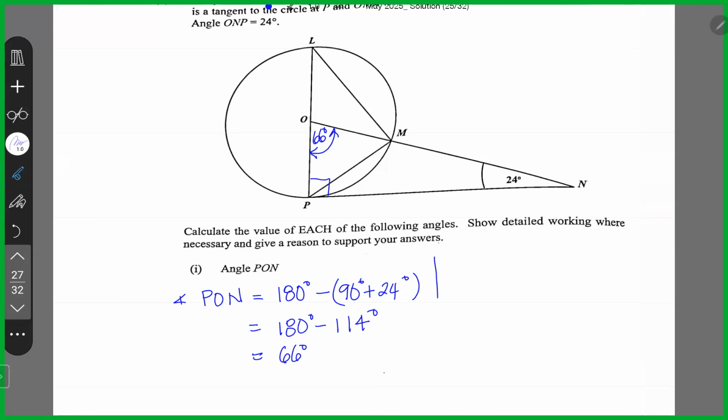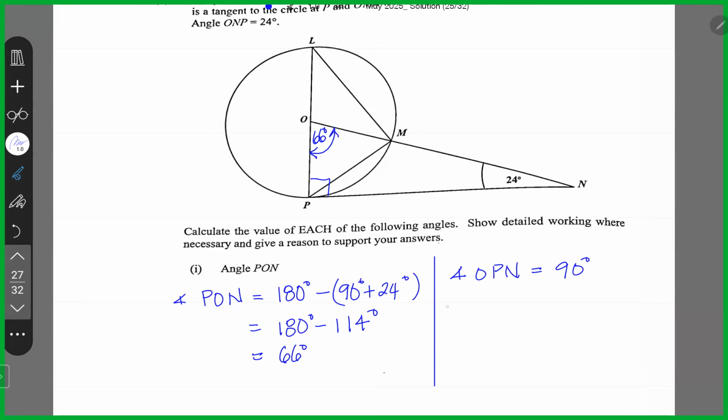And remember, I'd have to tell the examiner that angle OPN is equal to 90 degrees.